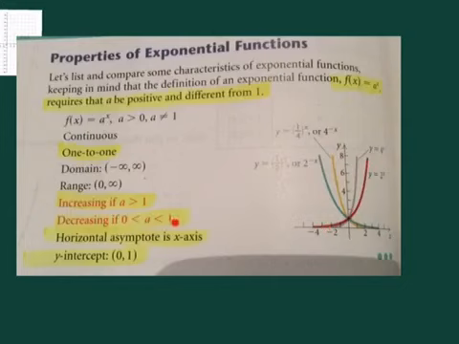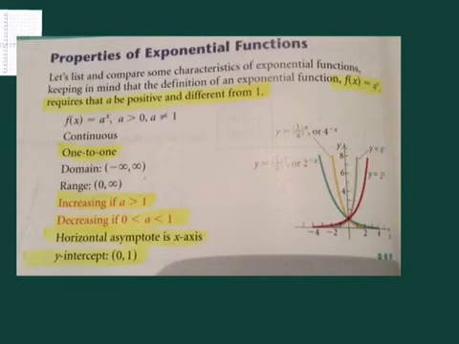If it's between 0 and 1, so like these here, 1/4 and 1/2, they're smaller than 1 but greater than 0, they're going to decrease from left to right. They're going to go down from left to right. The horizontal asymptote will be the x-axis, and the y-intercept will always be the point 0, 1. Okay, so those are some important properties as we're doing these.